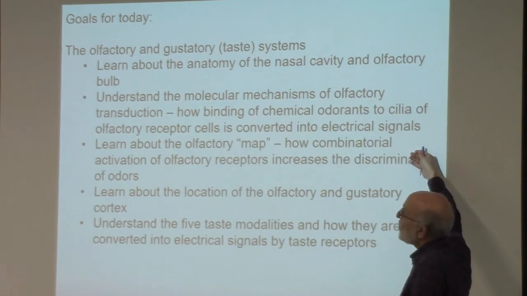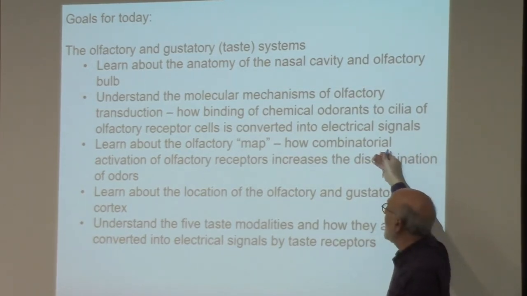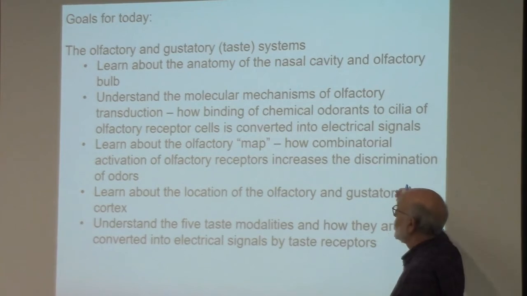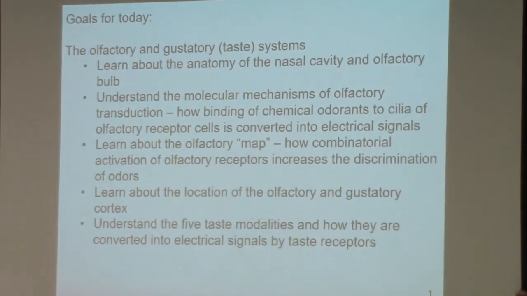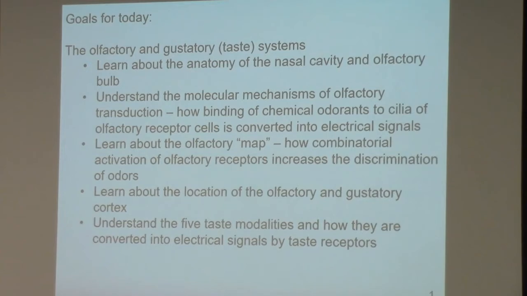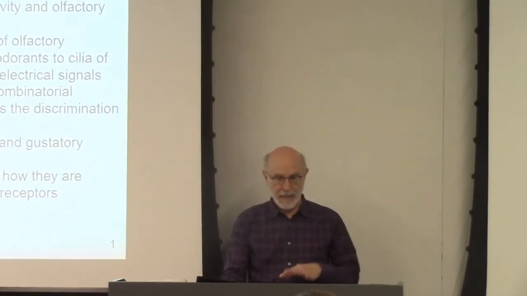We'll learn about a sort of map of olfaction in the olfactory bulb. And then we'll talk about olfactory and gustatory taste cortices in the brain. So first smell, then taste.